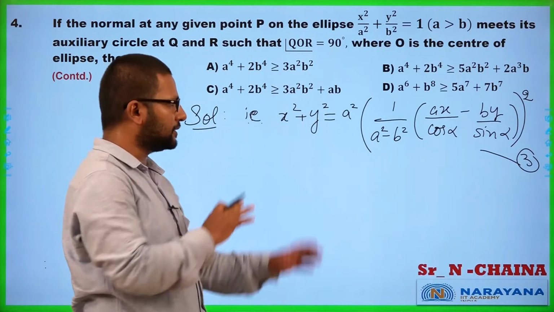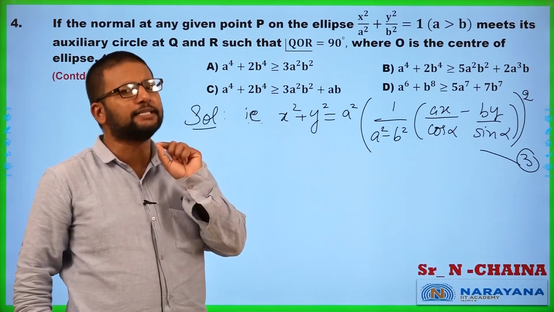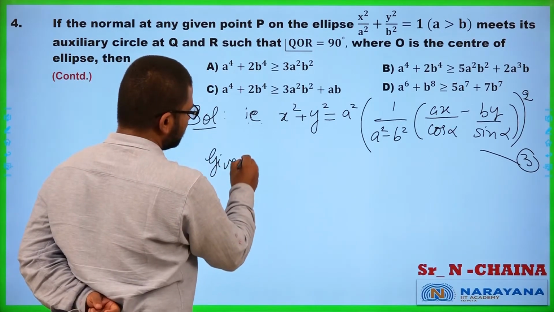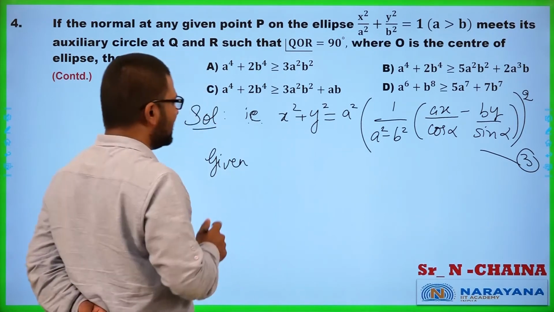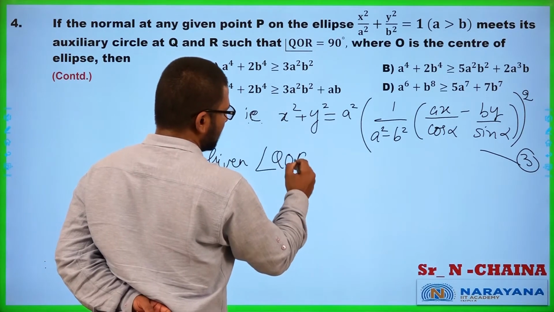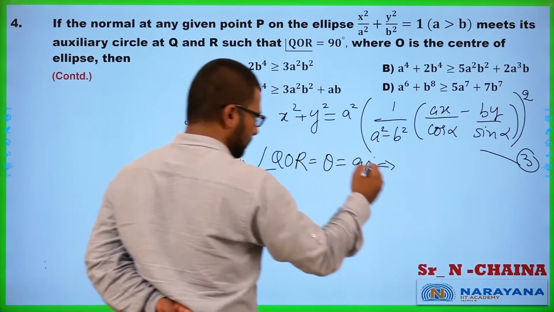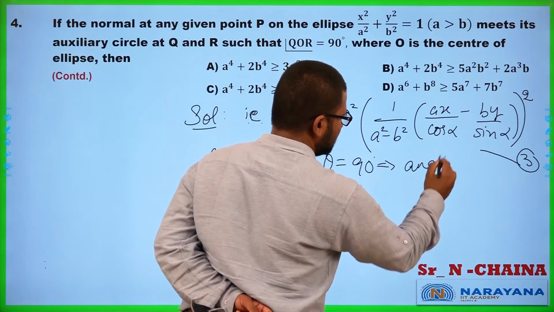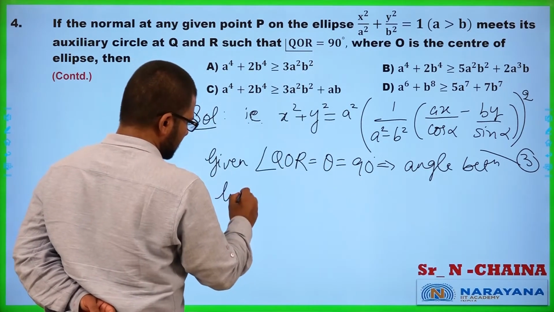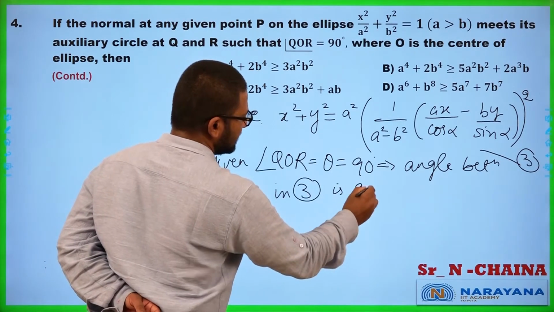Now I know it looks complicated, but you see again the question has been made so that you can directly say the answer because it is given. What is the value of theta? What is the angle between OQ and OR? Given angle QOR, which is theta, is 90 degrees, which means the angle between the pair of lines in 3 is 90 degrees.